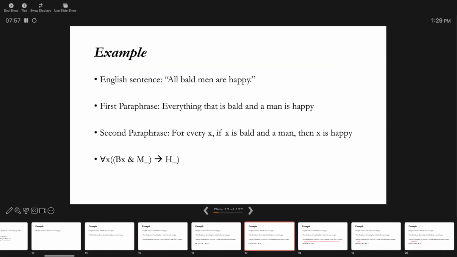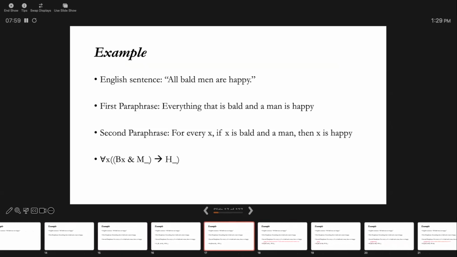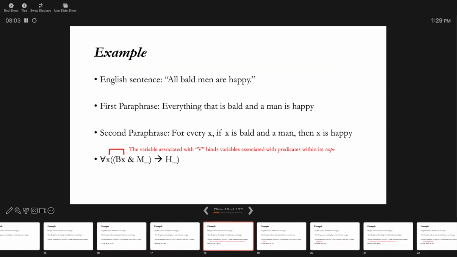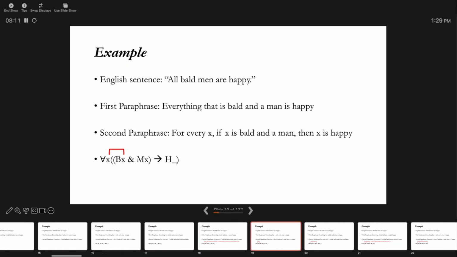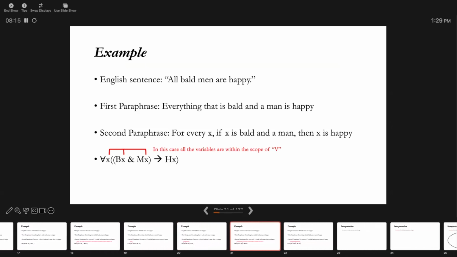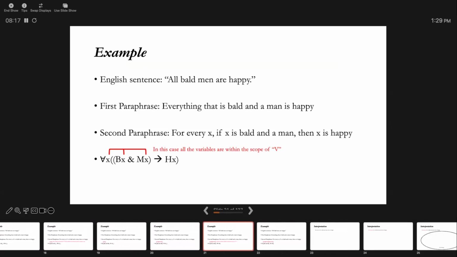So for all X, if X is bald and X is a man, note that the X here binds the scope, we say, of the variables that come after it. So the X's are all connected to this quantifier. So is that one. And in this case, when we fill in X for the happy people, that quantifier is also binding that last variable.